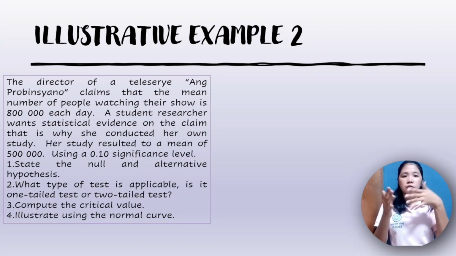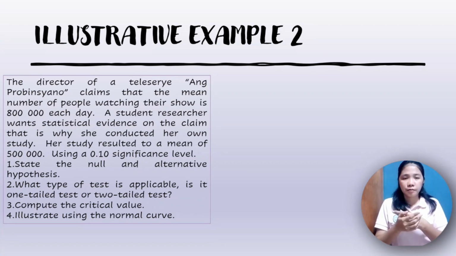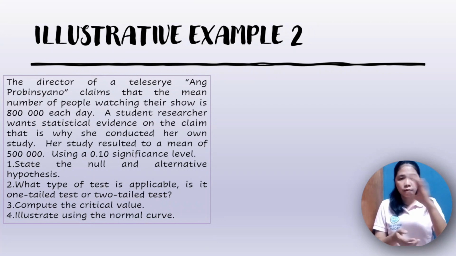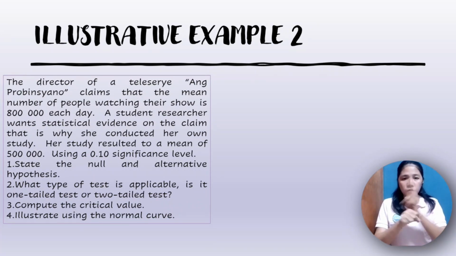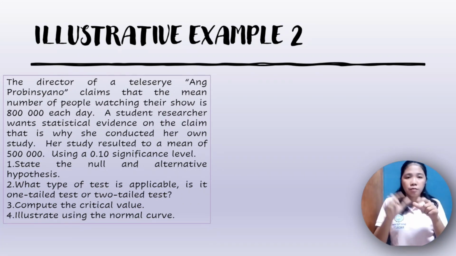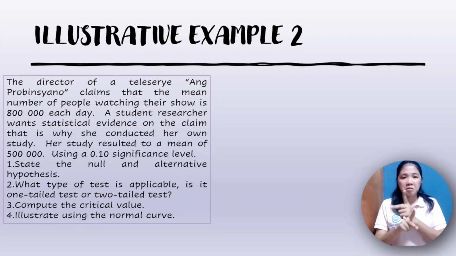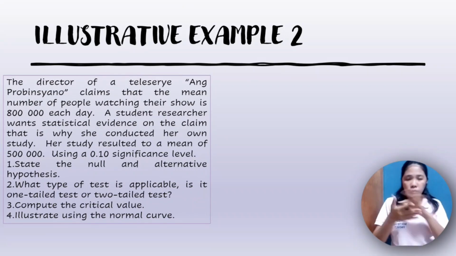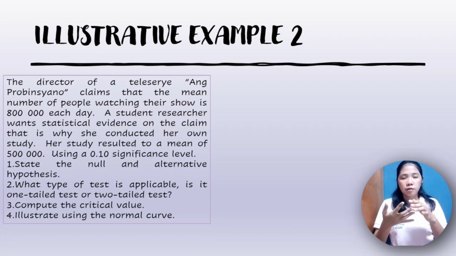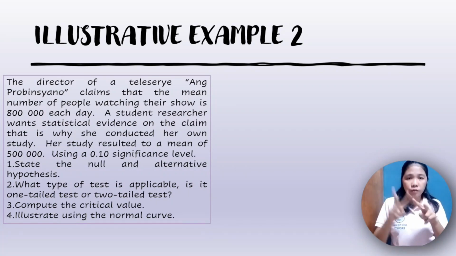Her study resulted in a mean of 500,000, using a 0.10 significance level. Number 1, state the null and alternative hypothesis. Number 2, what type of test is applicable? Is it a one-tailed test or two-tailed test? Number 3, compute the critical value. And then number 4, illustrate using the normal curve.